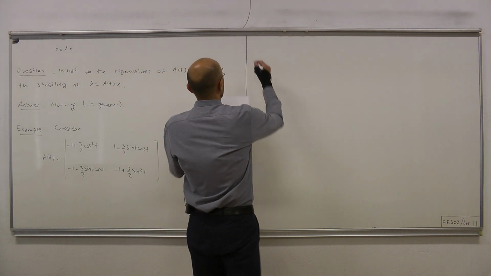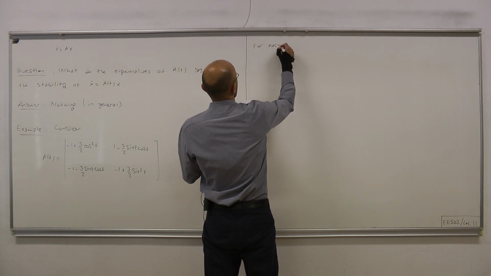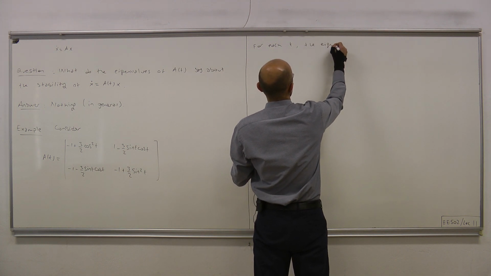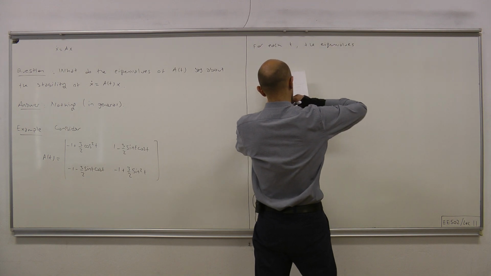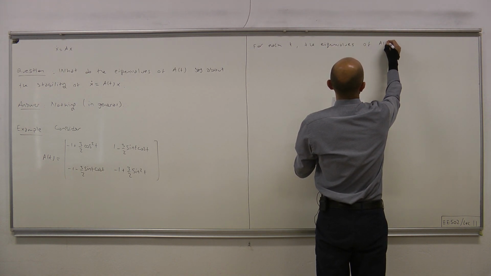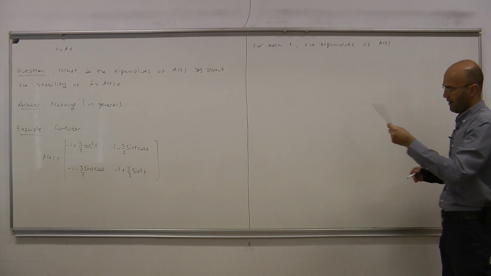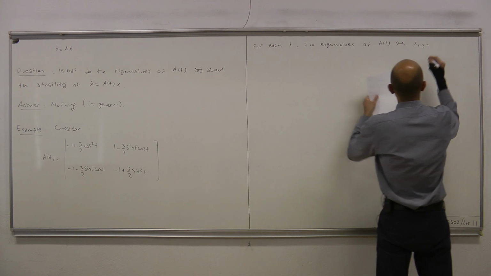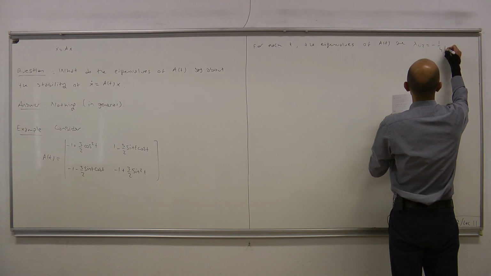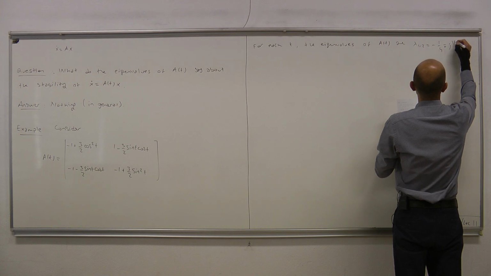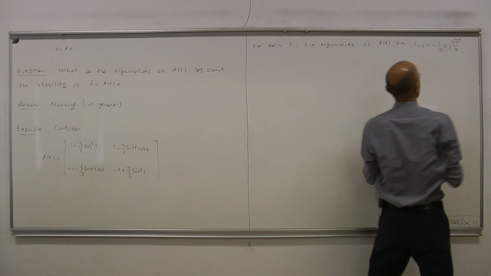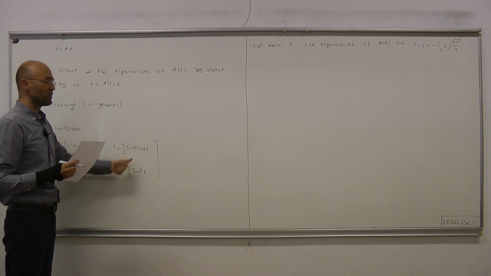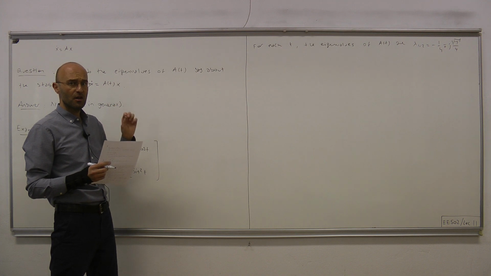For each t, the eigenvalues of the matrix A of t are lambda 1,2 equals minus 1 over 4 plus minus j square root of 7 over 4. So it's a complex conjugate pair, but it's time invariant, it's constant, it's fixed.